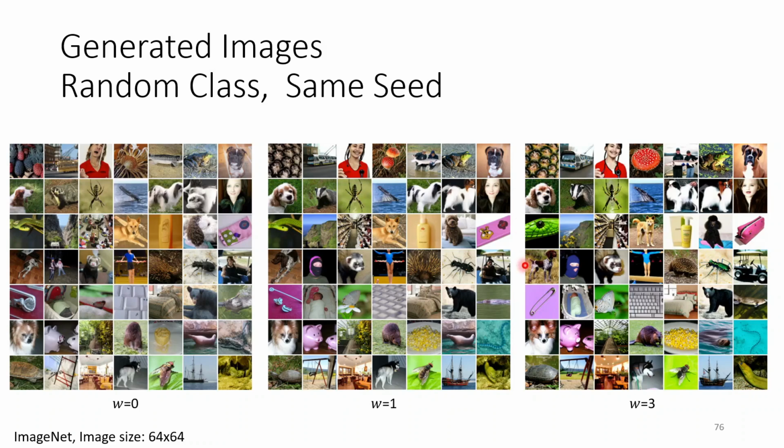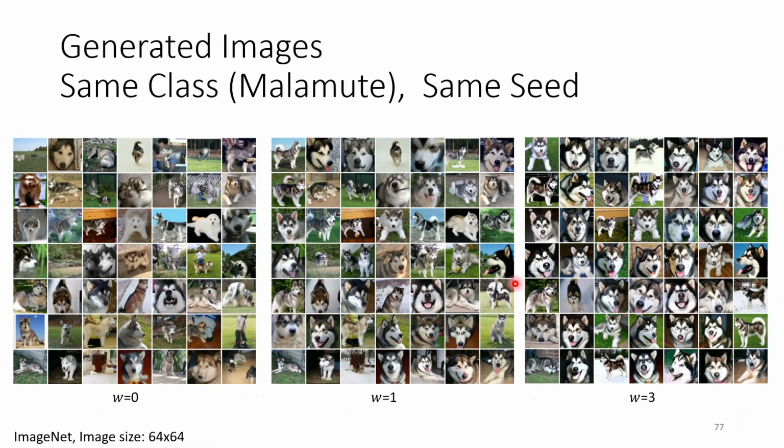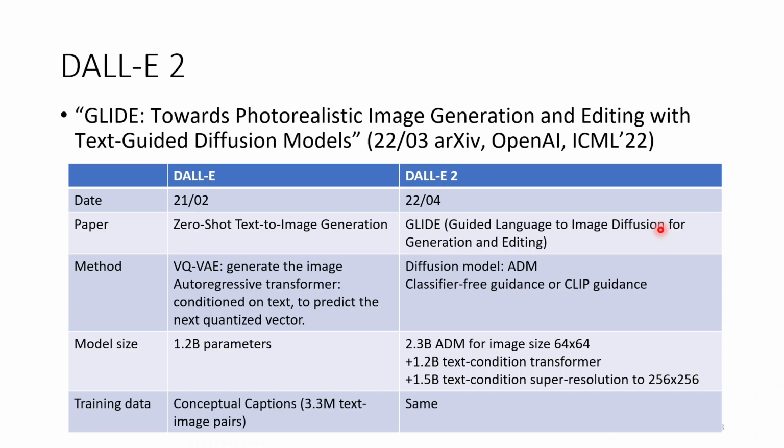They just show those images to illustrate. Yes, that's the expected result. Their classifier-free guidance can do as well as the classifier guidance scale. So this is another example. When we enlarge the guidance scale, we see many clear, obvious Malamute dogs. Okay. So now let's explain what DALL-E version 2 does.